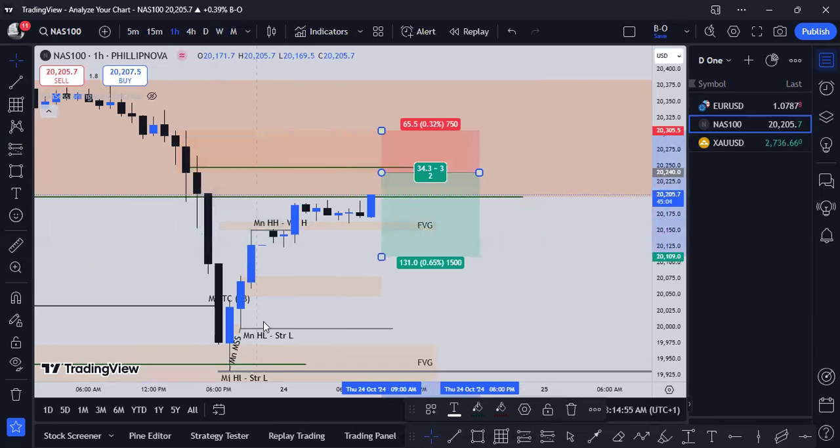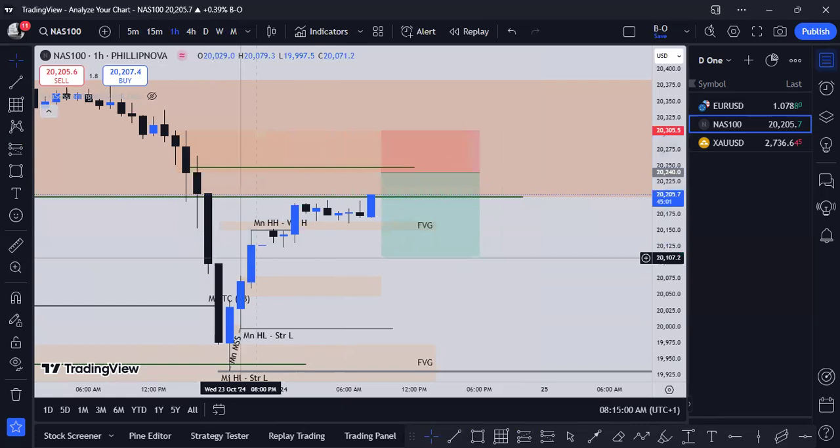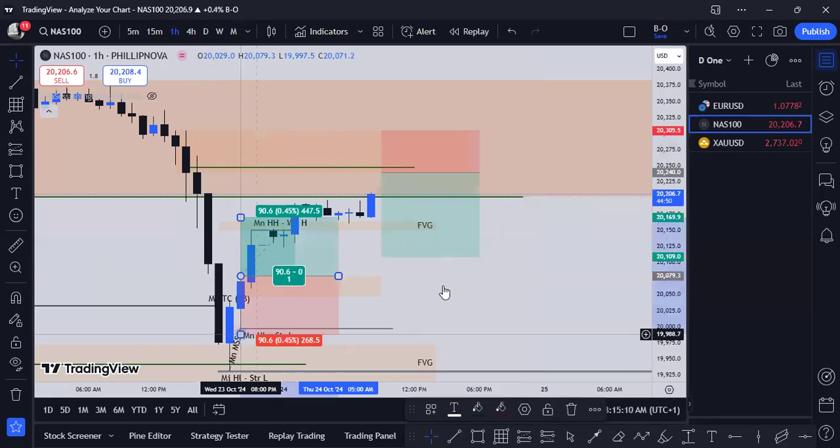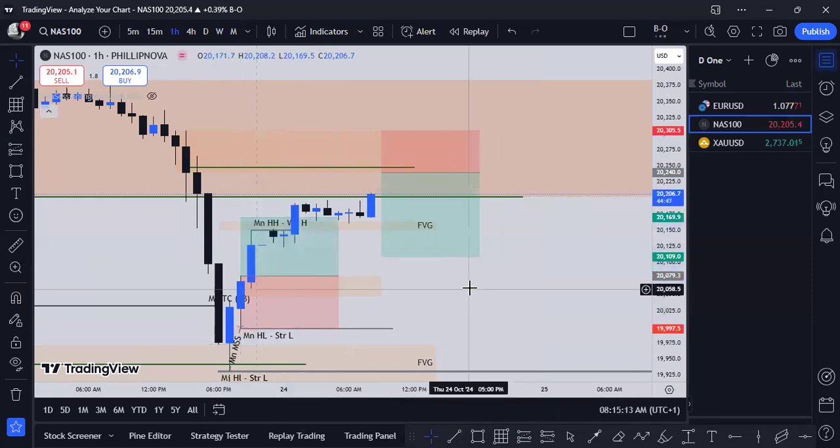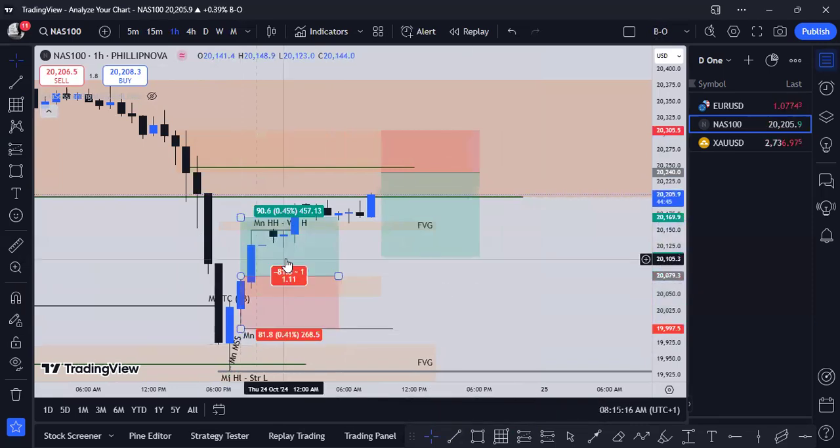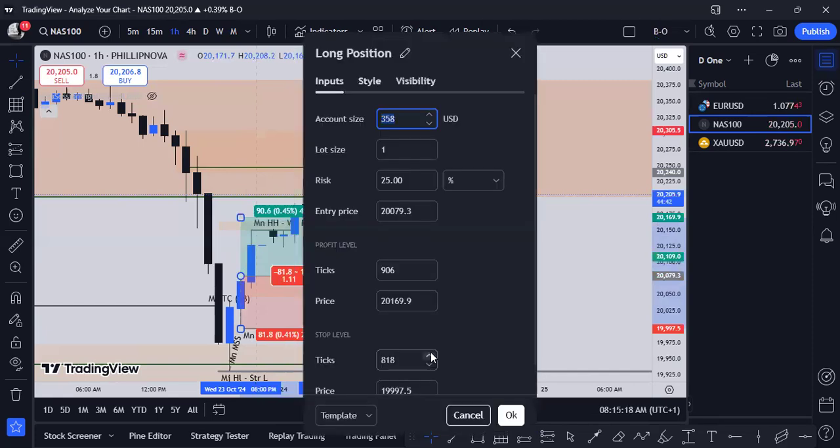Okay, then we have this range here that I believe we can still react from this level here. Just taking it from 1 hour, so 808, 820, 1640.